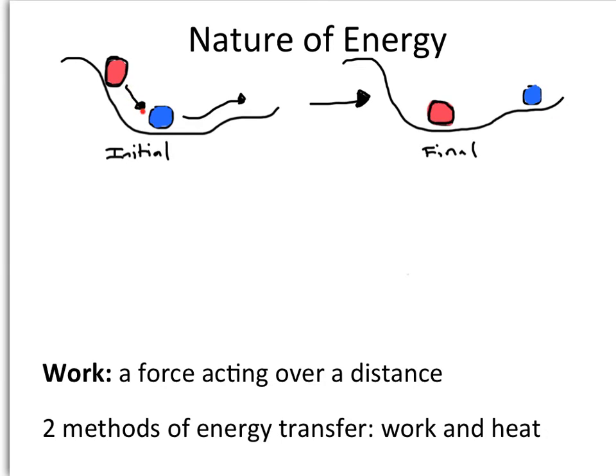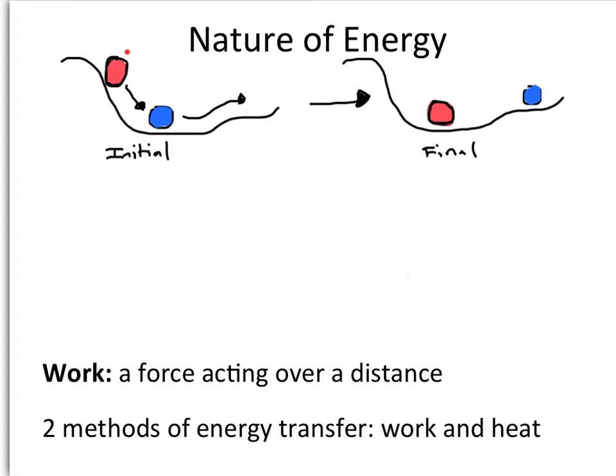As it moves down the hill, it strikes this blue ball and transfers its kinetic energy into the blue ball. The blue ball subsequently moves up into this elevated state, and you have a final resting state of both the red and blue balls. So we can see the exchange or the interplay between kinetic and potential energy.